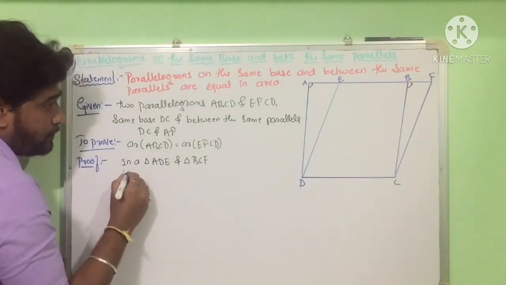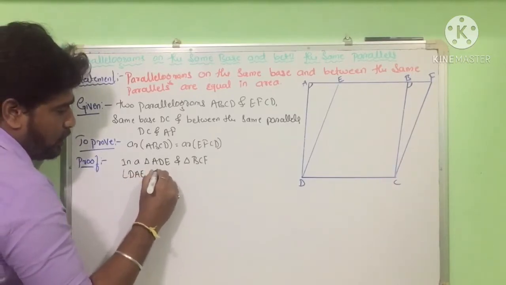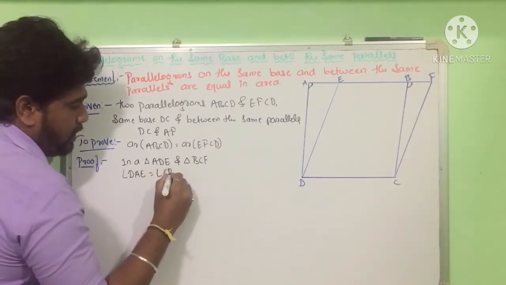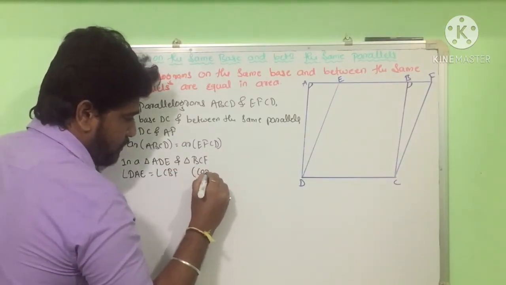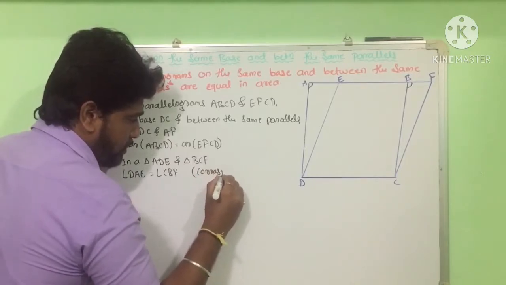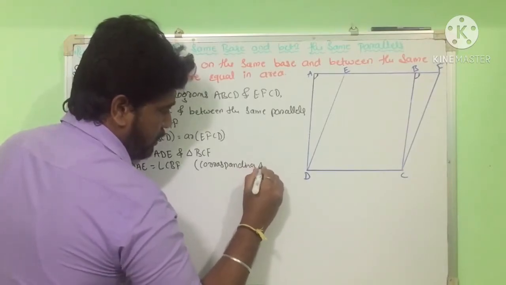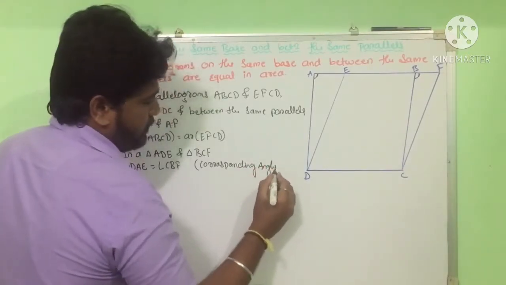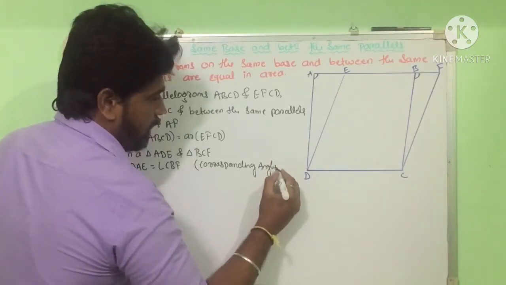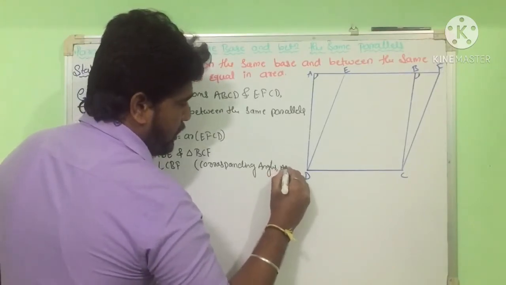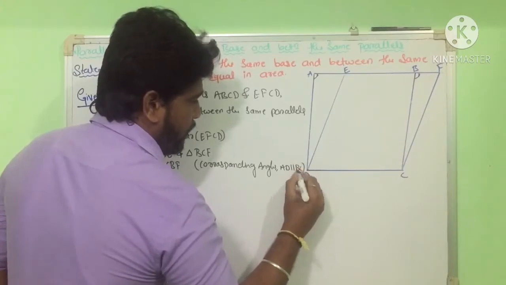So angle DAE is equal to angle CBF. Reason: corresponding angles, AD is parallel to BC.